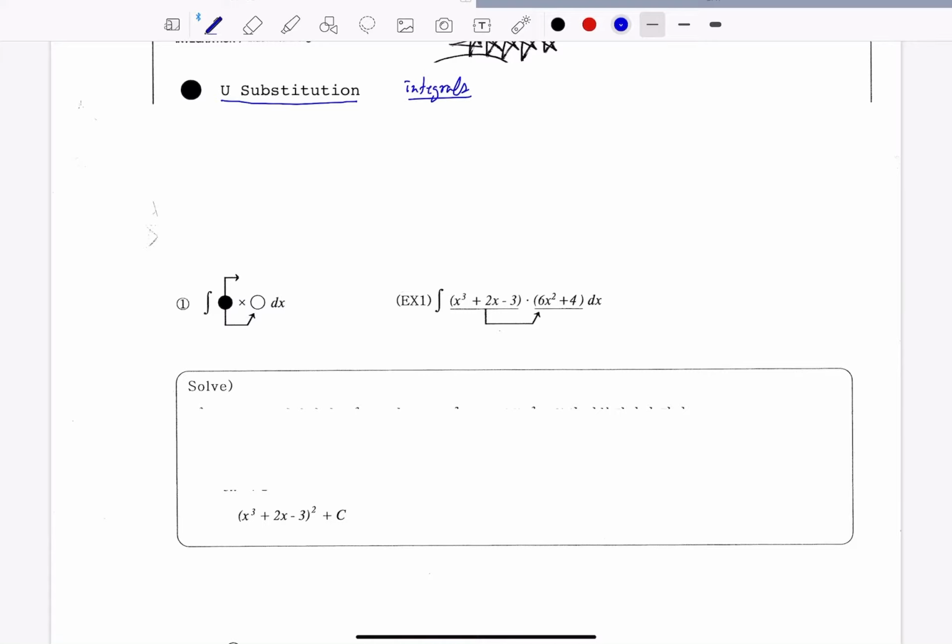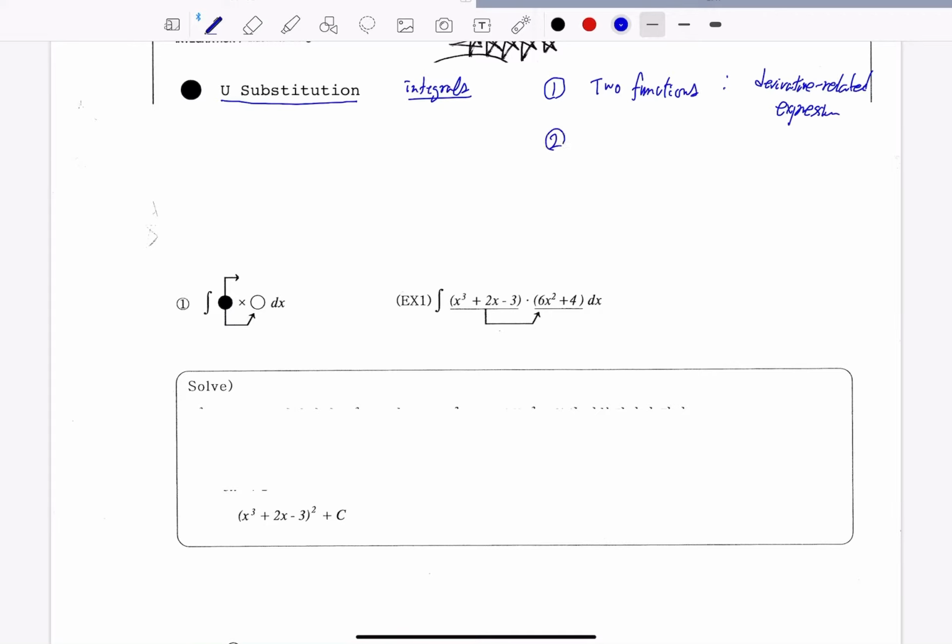There are two conditions to use U substitution as a skill to find an integral. Number one, there are two functions in the given equation, and if you can find derivative related expressions between the two functions, we can use U substitution.